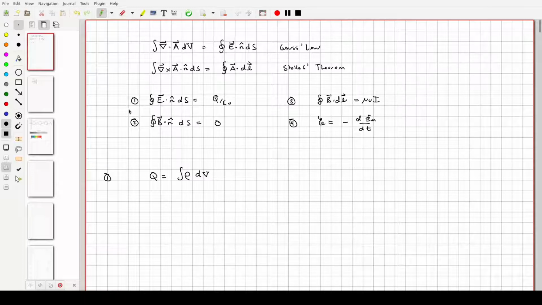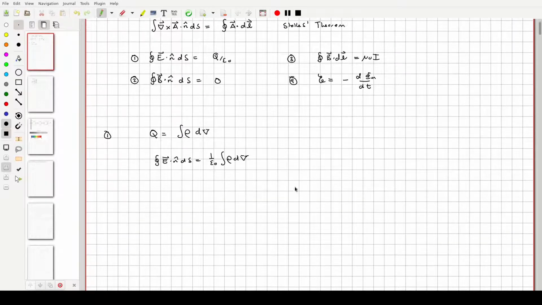So if I took number 1 and I rewrote the right-hand side the following way, it would look like this. Now I'm going to apply Gauss's law to the left-hand side. I have a loop over a closed surface, which is the same thing as the divergence, del dot, of that vector.